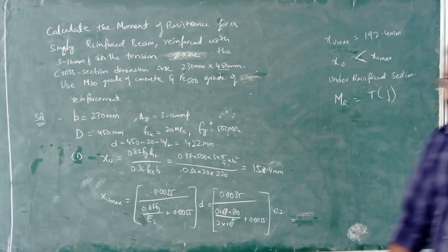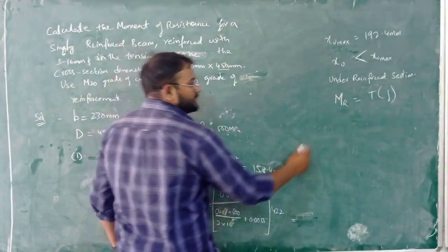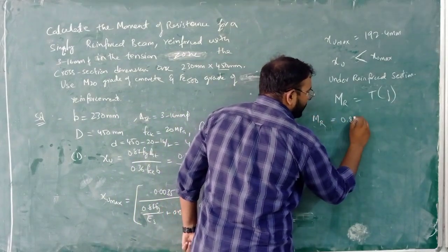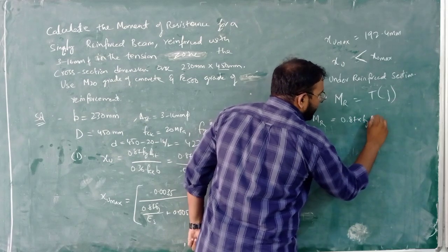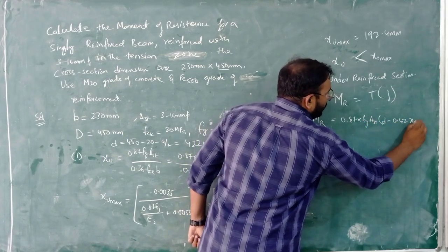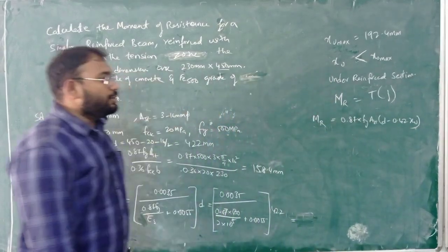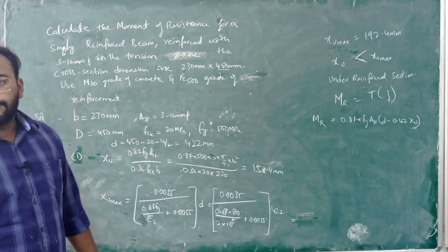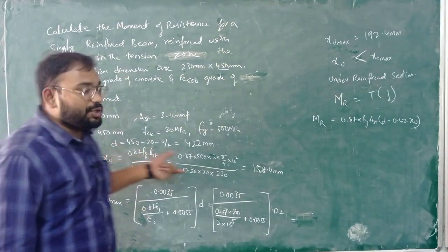I'll write here xu max is equal to 192.4 mm. Now what is happening here? xu is less than xu max. Tell me what type of section this is. This is an under reinforced section.